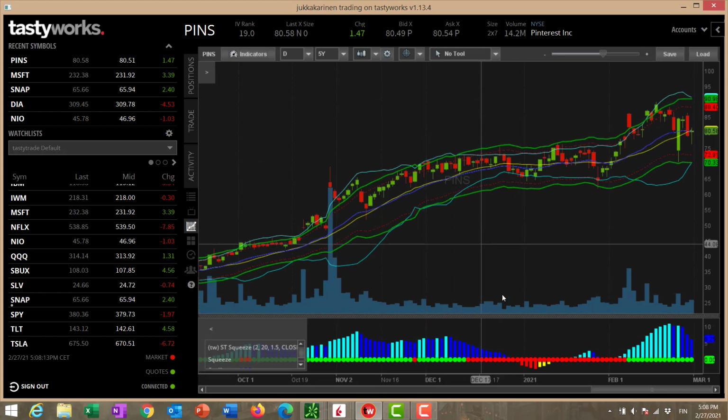So this is much easier to read. I don't actually have my chart like that. I'll just watch this instead. So when there are red dots, there's a squeeze going on, and when there are no red dots, the squeeze is no longer on.